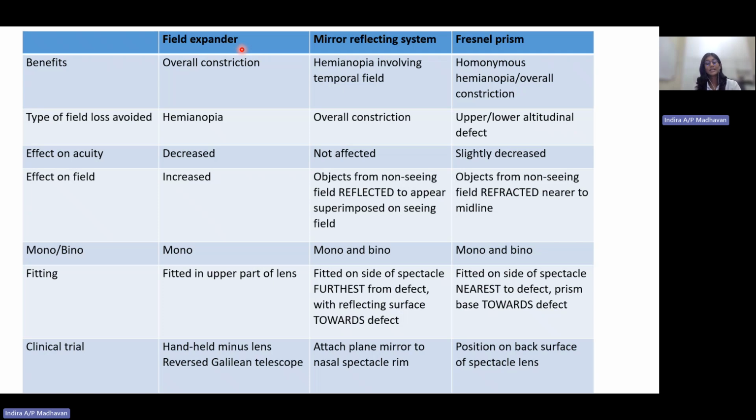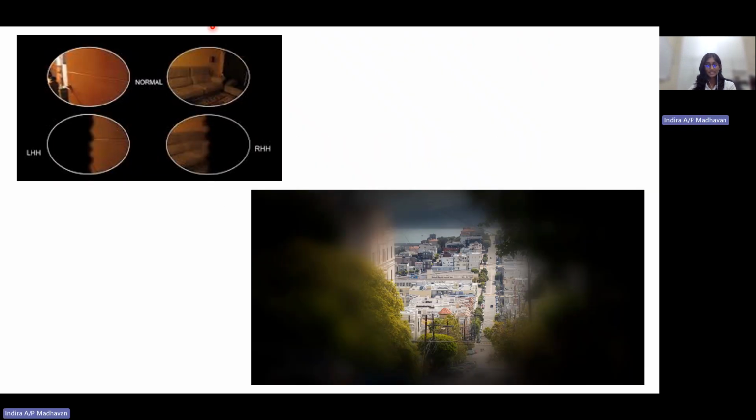How is the field expander prescribed to the patient? You can take a -8 or -10 within the range, high minus lens. Take that uncut lens, put it at arm length, and if you view through the lens, more information from the side will be seen in the lens. So if a patient has, for example, tunnel vision, with their naked eye the patient is able to see only this.